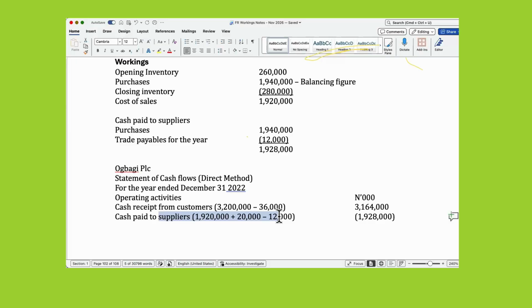Will that still work on its own, or we need to show all of these workings? It will work, but they will not give you purchases. So the essence of this one is to get the purchases. That's the essence of this whole one, because nobody will give you purchases. If they are giving us, that means I'm not going to do all of this.